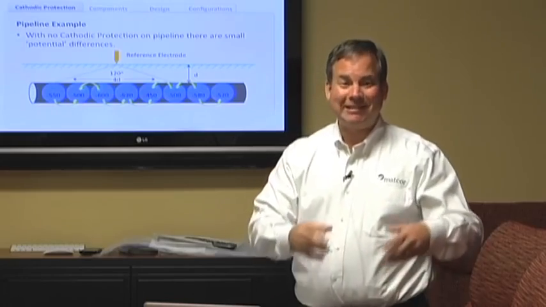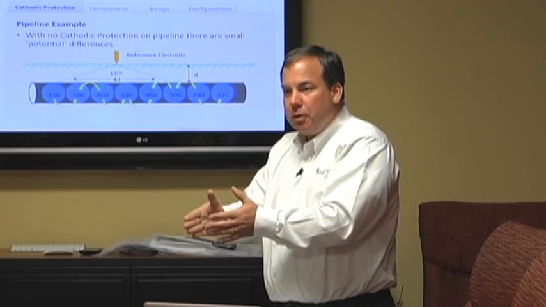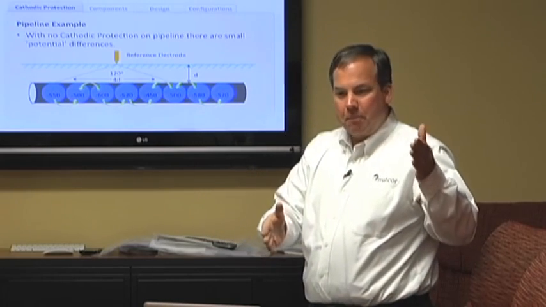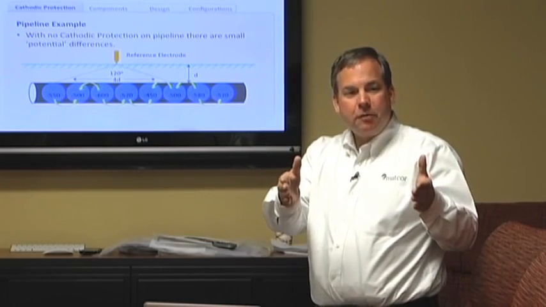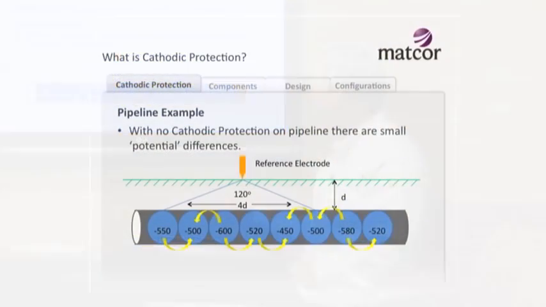The soil environment is not exactly the same everywhere. So there'll be minor differences in the potential. Everywhere you go from a minor positive to a minor negative, you've created a current flow. So along this pipeline, you have all these little micro cells where galvanic corrosion will occur. We call that galvanic corrosion.